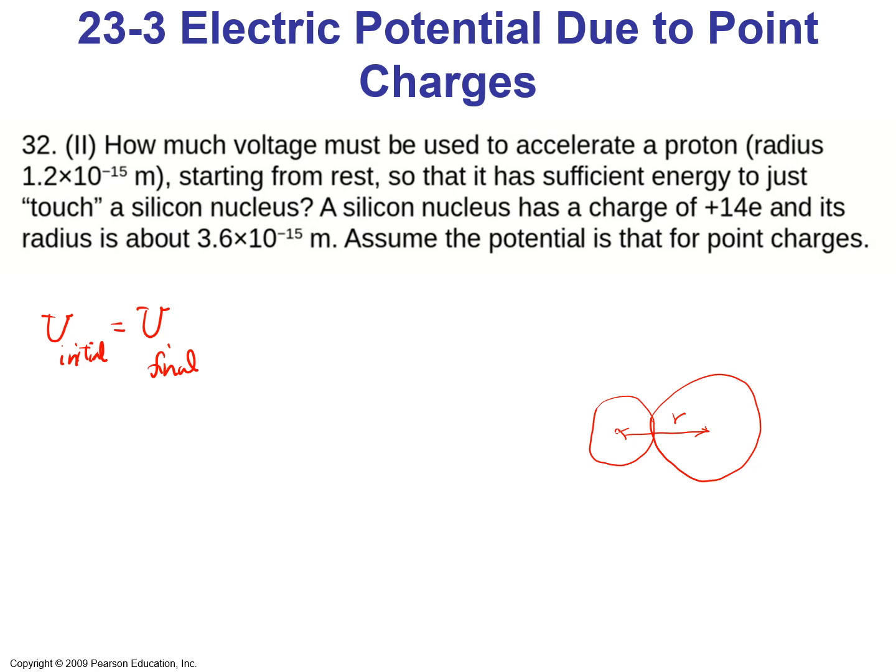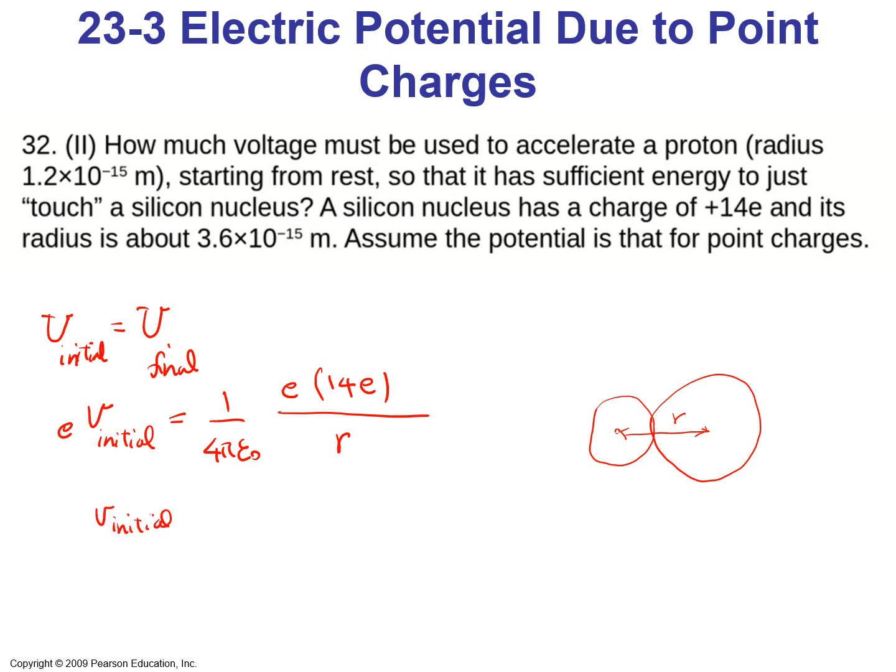So for the initial case, we have electric charge times the initial voltage. The initial potential is equal to 1 over 4 pi epsilon naught times the electric charge of a proton multiplied by 14 electron charges of the silicon nucleus divided by R, and R is the separation between the two nuclei.